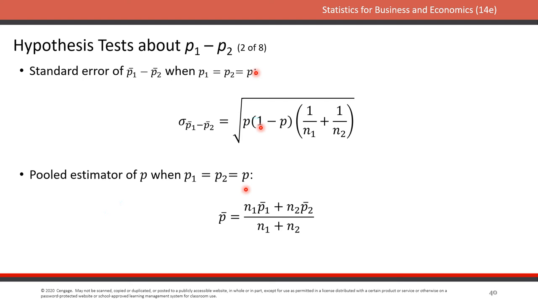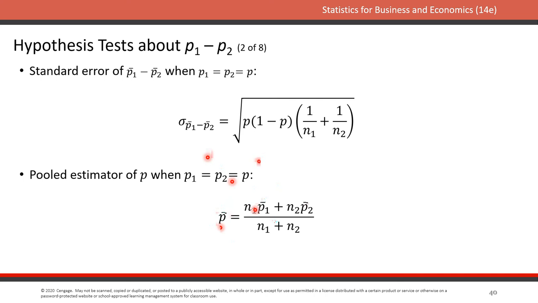So how do we come up with P, assuming all of these are the same? How we come up with our best guess of this proportion, again, P1 and P2 are the same proportion, we'll just call that P, is we have this P bar, or how I'd prefer to write it, this P hat. And how we come up with this single number guess is N1 times the guess for P1 plus N2 times the guess for P2.